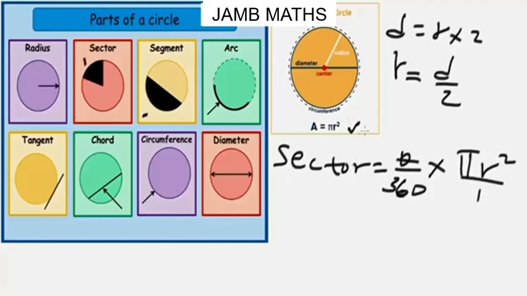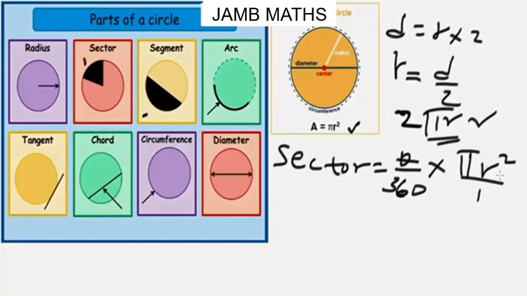Note again that the circumference of a circle, which is also known as the perimeter of a circle, can be calculated using 2 pi r. Alright, so take note of this formula as well.